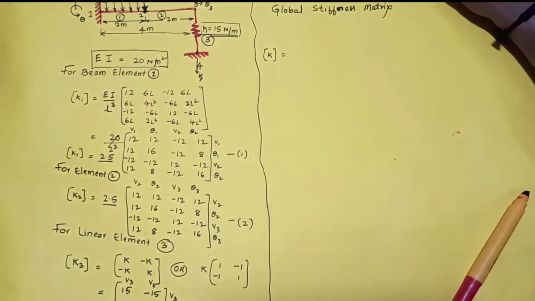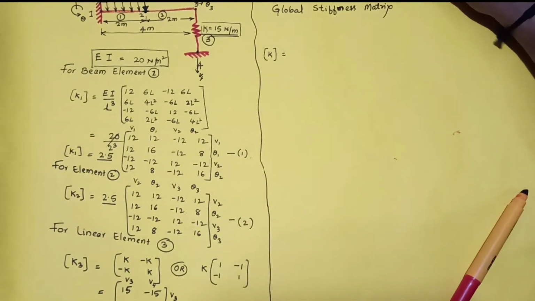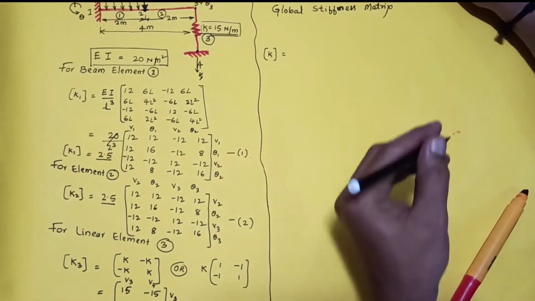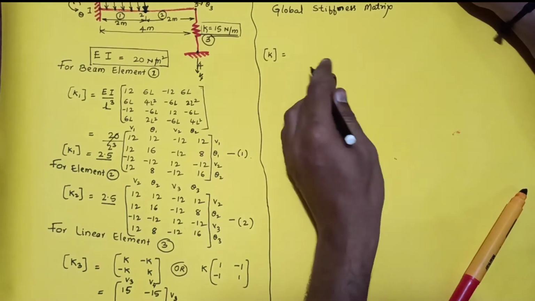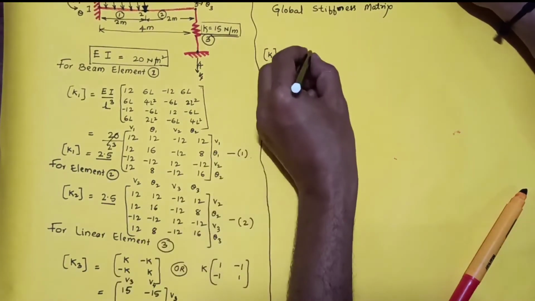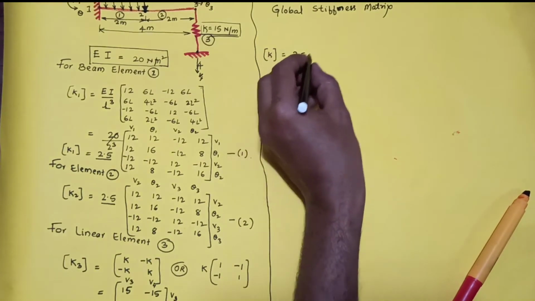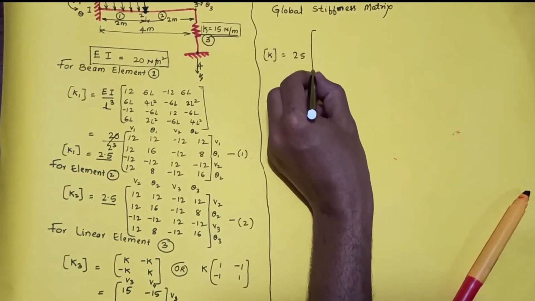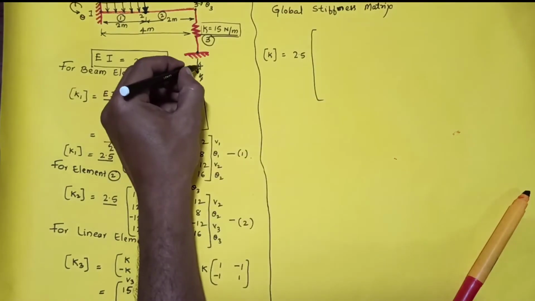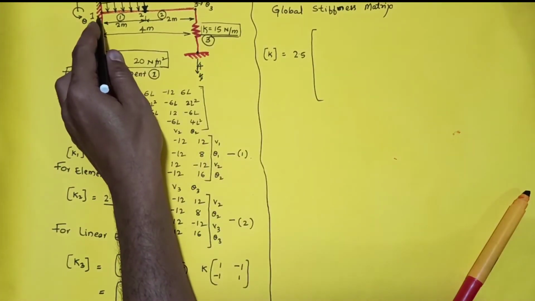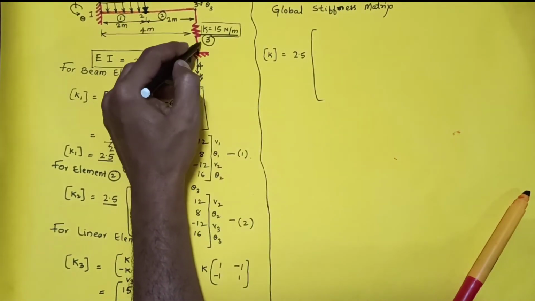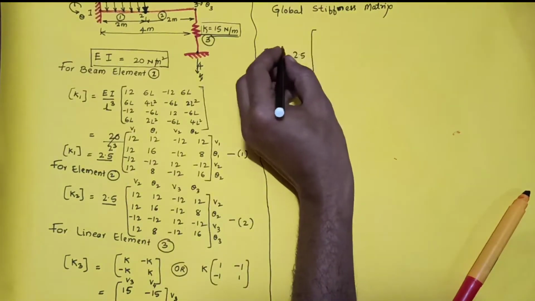So we'll go for calculating the global stiffness matrix. First, what is the term which is common? That is 2.5, so 2.5 is common. Now how many nodes are here? There are 1, 2, 3, 4 and element 3, so there will be a 7 by 7 matrix.